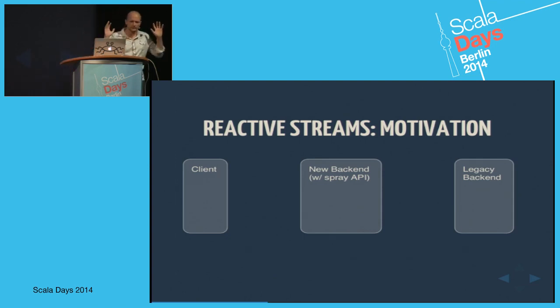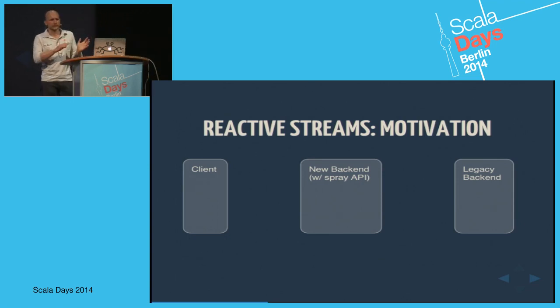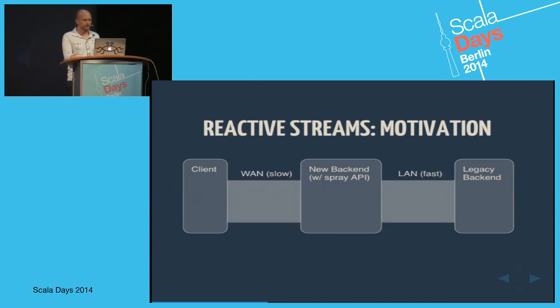It runs some old servlet container, and for certain requests, we are just proxying the requests over to the legacy backend, right? And this is usually the setup. You have a wide area network, so the internet that the client comes across to your new backend, and then on the same LAN you have the legacy backend.